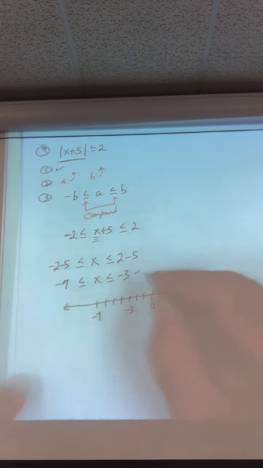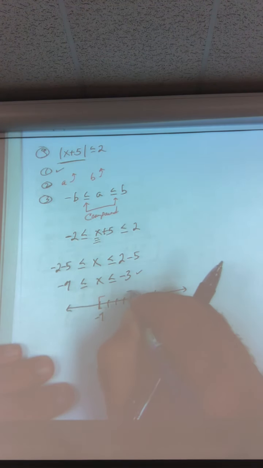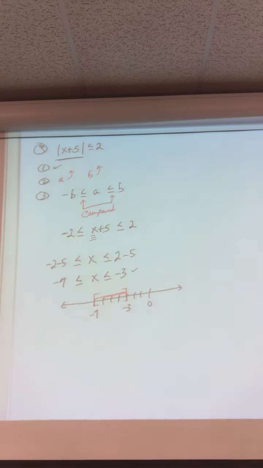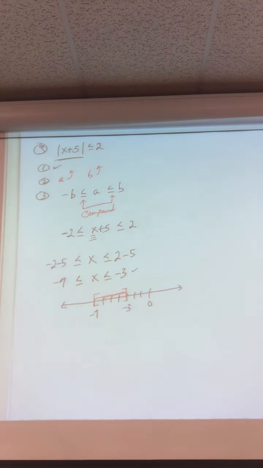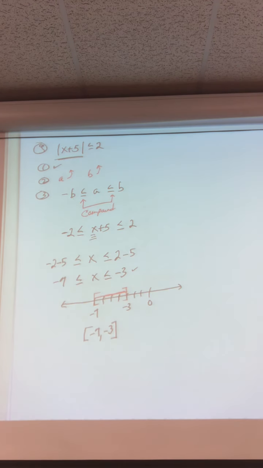Remember, a compound graph is everything between your two numbers. No arrow on your graph. A bracket on the negative 7 and the negative 3 because of the equal to's. The interval notation is everything from negative 7 to negative 3.